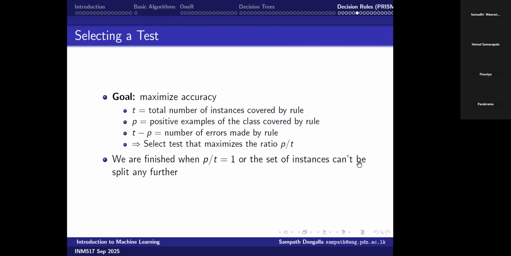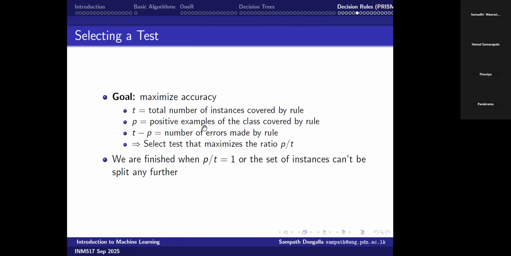Right. So when you want to find the accuracy, we can define the maximum accuracy like this. The total number of instances we will represent as T. We will take the positive examples of the class, meaning that if you are selecting the class as A, we want to count how many A's are in the dataset.